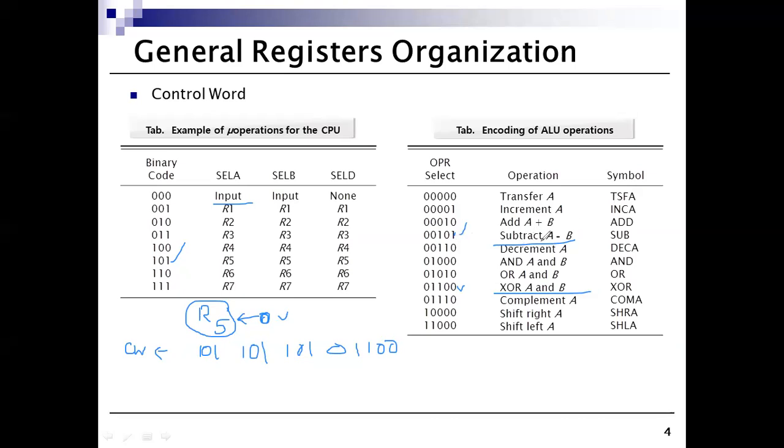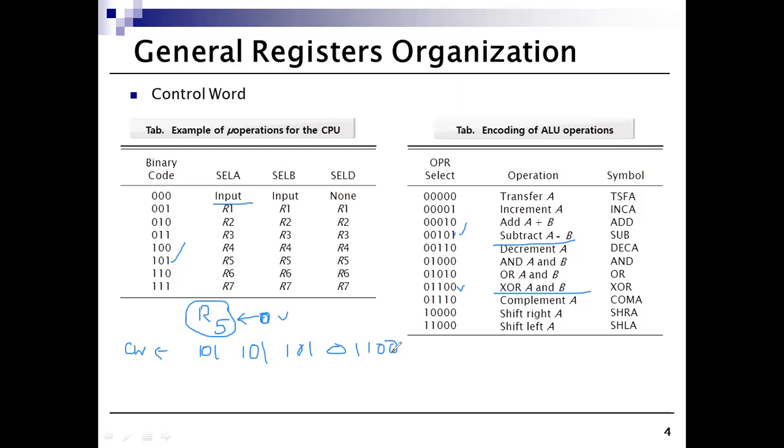For a subtractor, based on the number of bits of your register, say 16 bits, that many parallel adder or subtractor combinational circuits you require. But for logical operations, less hardware is implemented, so the combinational delay is also less. So this is the control word for implementing this.